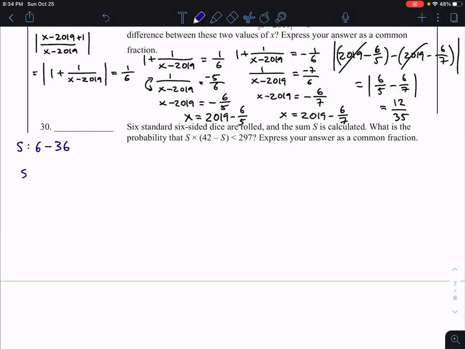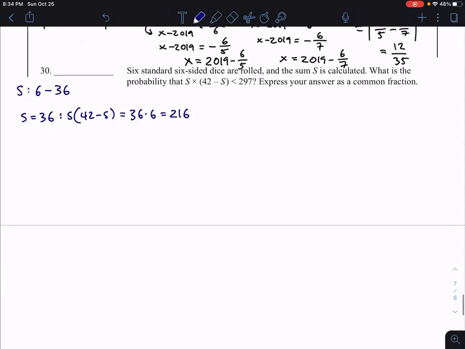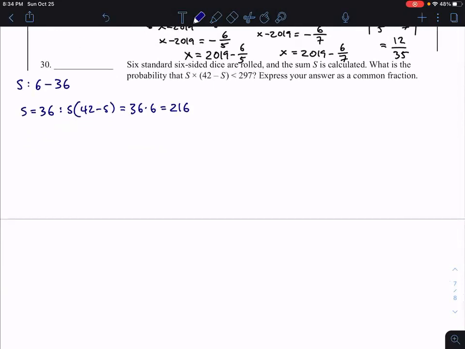So if your S is equal to 36, we're just going to be doing casework now. If your S is equal to 36, that means that S times 42 minus S will be equal to 36 times 6. That's equal to 216, which is less than 279. So that's good. That satisfies this condition.